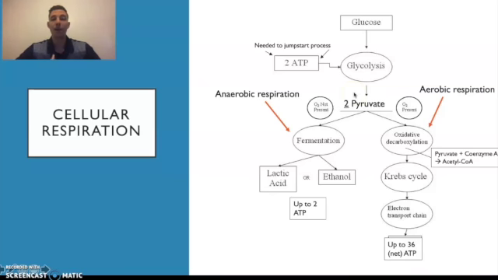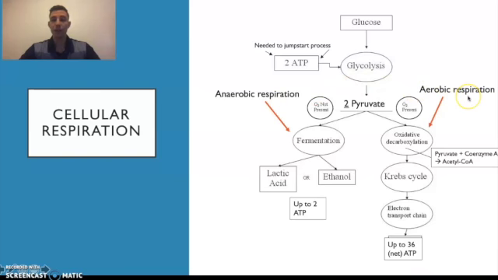From there, if oxygen is not present, such as in anaerobic respiration, this enters fermentation, which produces lactic acid. Like we said before, this process is not as efficient, so we're not going to go super into it because it only nets about 2 ATP and creates lactic acid. We'll talk about the limitations in slides following.